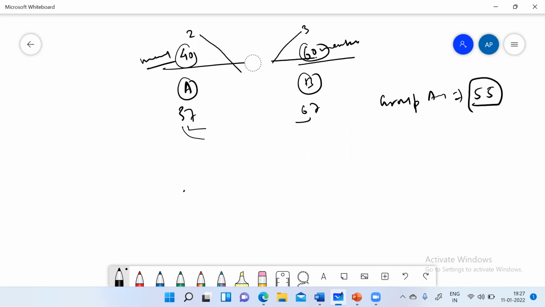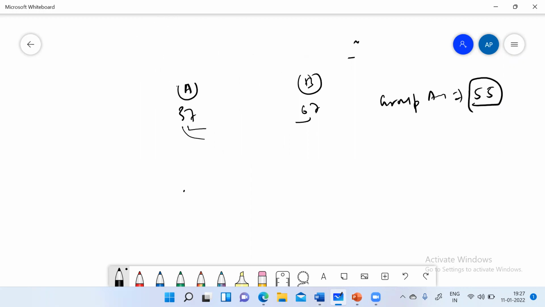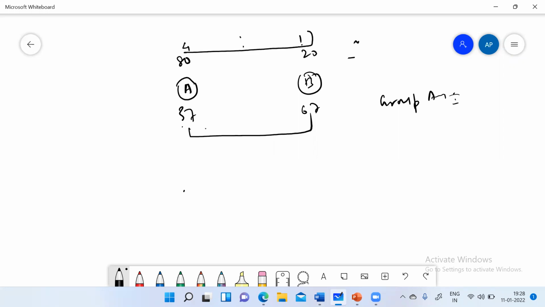Let me give one more, then after that we will talk about the reverse. If there are 80 students in A and 20 students in B, what will be the average value? 43. How did you get that? In the same way, 4:1.